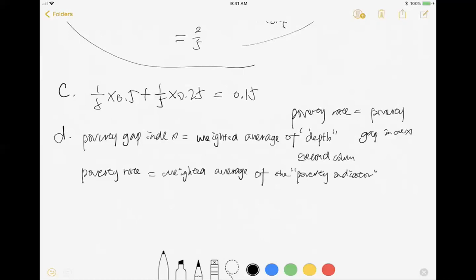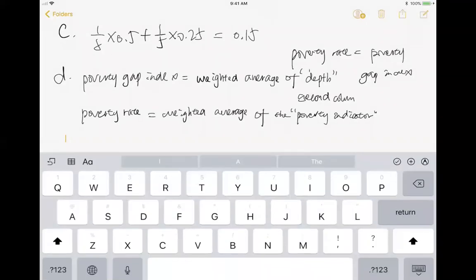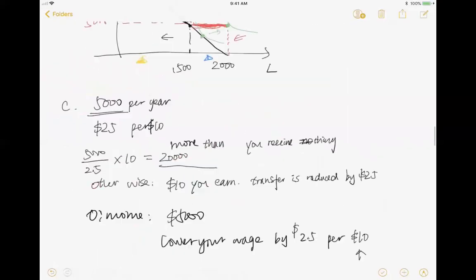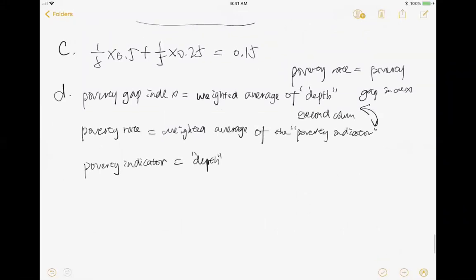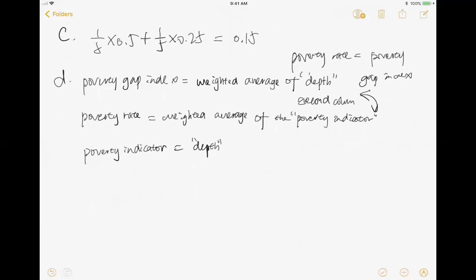So if we want to make them equal, we just need to make those two things equal, meaning poverty indicator equals depth. So the poverty indicator is a binary variable. For the poor, it is 0, right? And the depth is calculated by the income subtract the poverty line over the income.